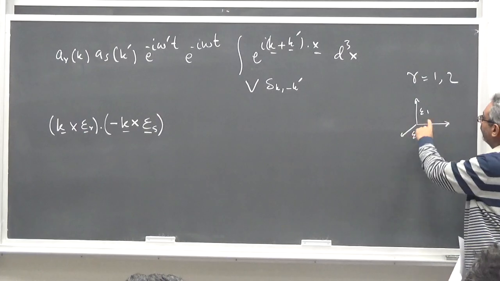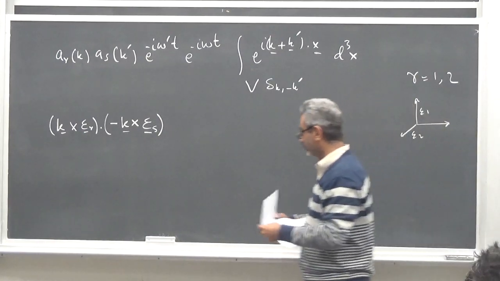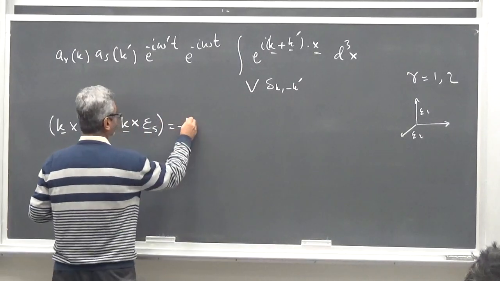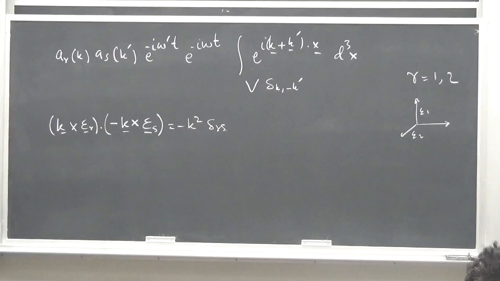Unless both R and S are the same, in which case it's going to be minus K squared. So it's going to be minus K squared delta RS. Okay? Okay. So now you can do all of these terms just like that. I'll give you the final result in the end.